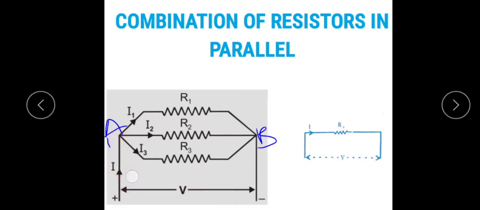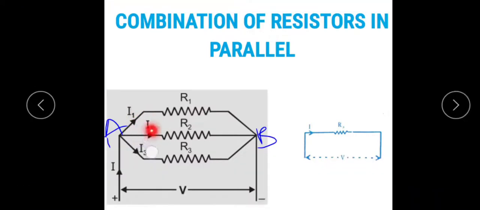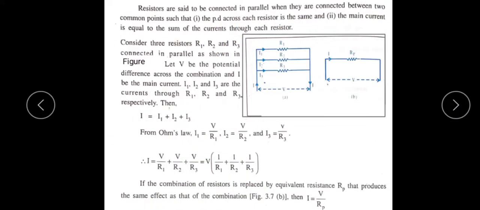I1, I2, I3 are the currents through the resistors R1, R2, R3 respectively. Then I is equal to I1 plus I2 plus I3.